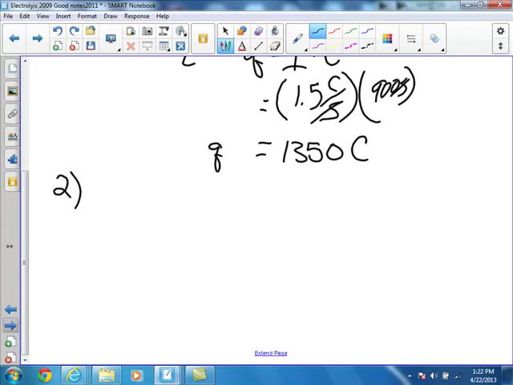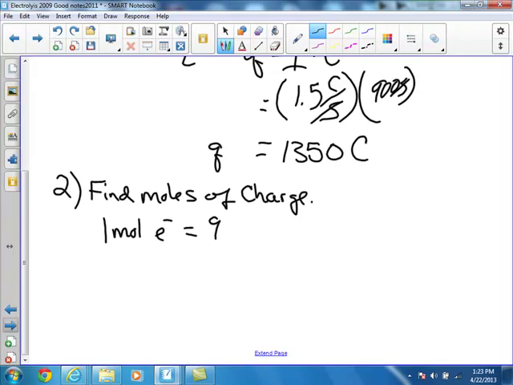Step 2 is you need to find the moles of charge that you have. This is where you use Faraday's constant. Faraday's constant says 1 mole of electrons is 96,500 coulombs. So how would I use that to find out how many moles?